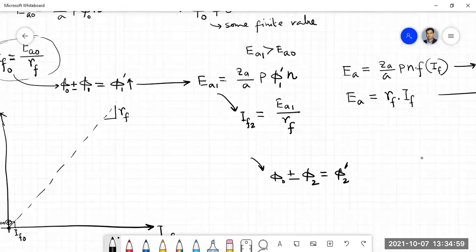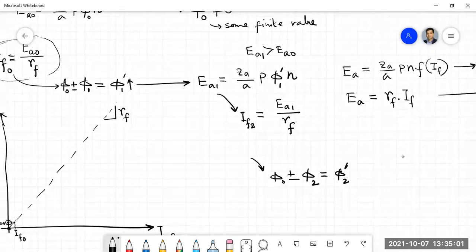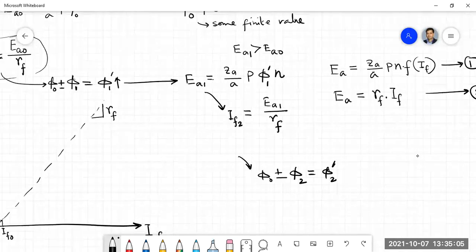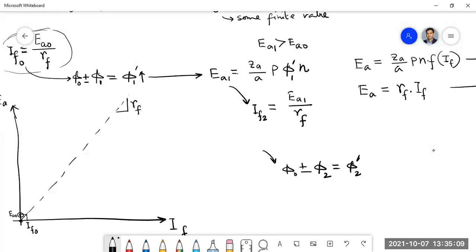There are two equations, and as per these two equations, we can draw two lines. The second expression is very clear: it is just a straight line passing through the origin, which we have already drawn. But what will be the line for the first equation?